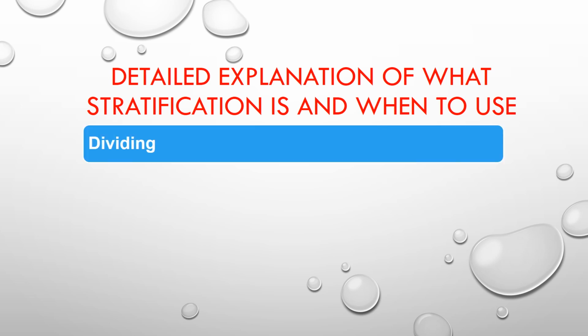Dividing data into subcategories: stratification is essentially the process of breaking down a larger dataset into smaller, more manageable subsets. These subsets, or strata, are created based on a particular characteristic, variable, or factor of interest. The goal is to group data points that share common attributes, making it easier to analyze and draw conclusions.